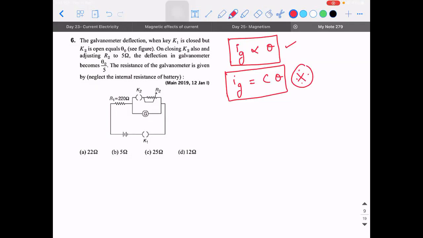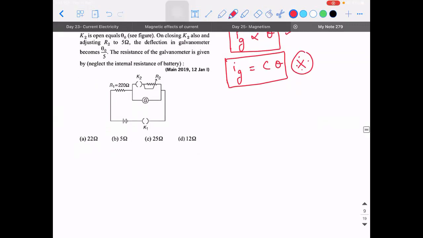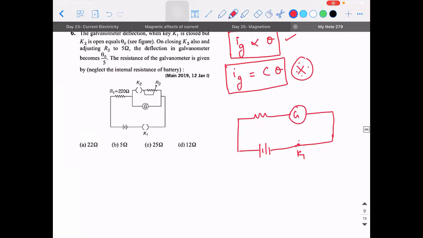So galvanometer is a sensitive device, right? Now tell me, when key 1 is closed, isn't the circuit going to look like this? R1 and only G. Did they give the value of the potential difference? No. So let's assume the potential difference is V. This is 220 ohm, and let's assume the galvanometer's resistance is Rg, or you can simply take it as G also.